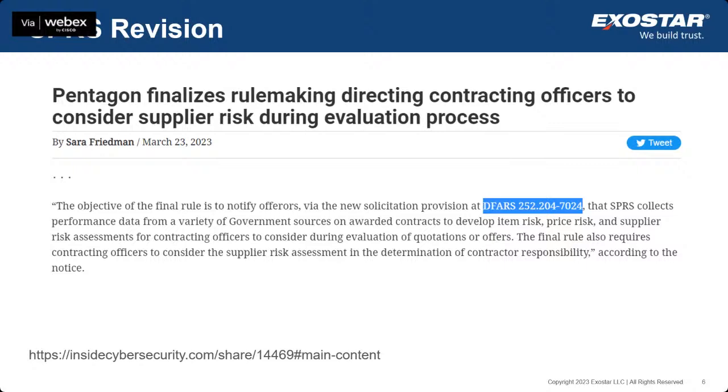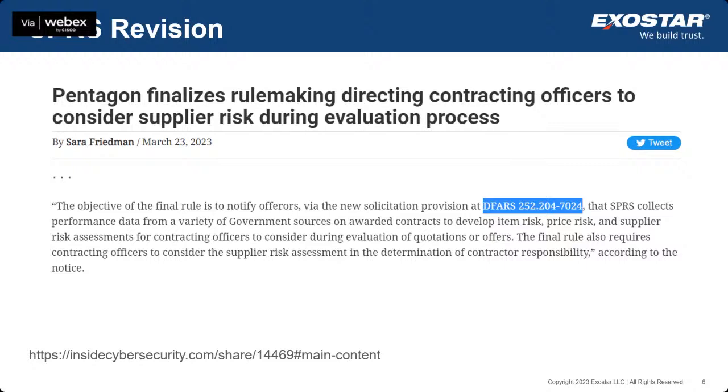SPRS stands for the Supplier Performance Risk System. It takes into account a number of different factors, including price risk and supplier risk assessments. Part of that risk assessment is your self-assessment and submission of your score into SPRS, for NIST 800-171, showing how you're doing against those 110 controls.